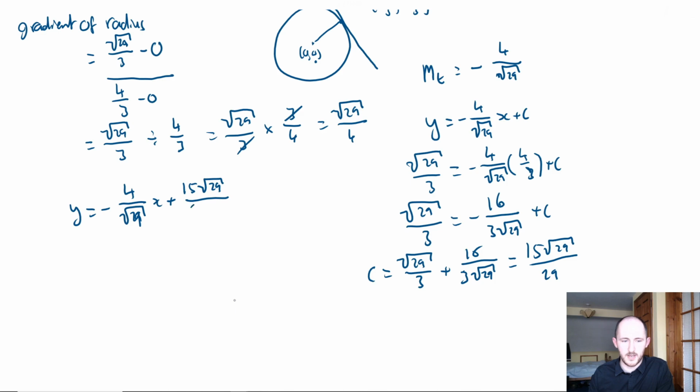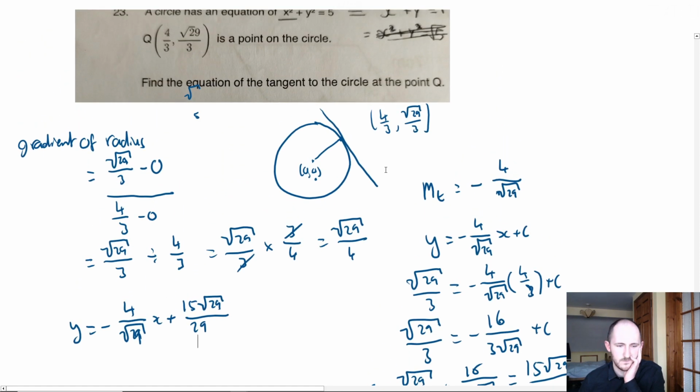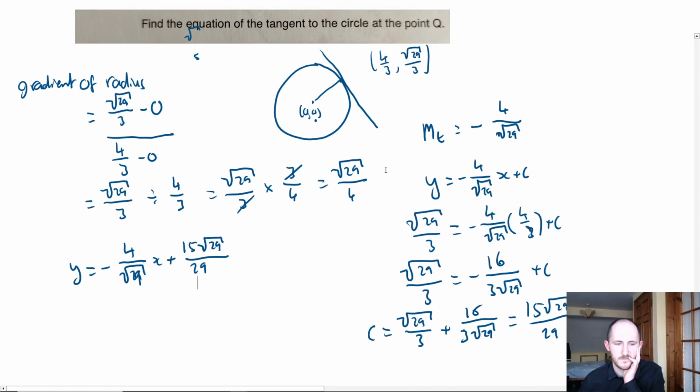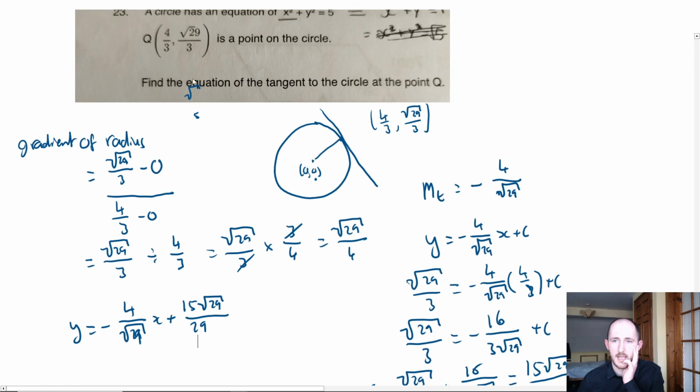I saw your question. Give me one sec. So how did you get x again? Oh, x being 4 over 3? Because the coordinate is 4 over 3 for the x coordinate.